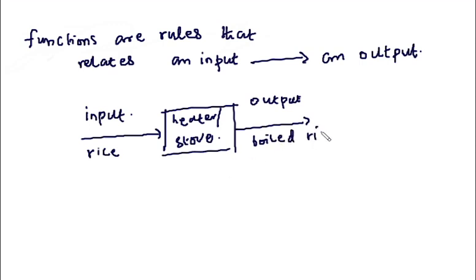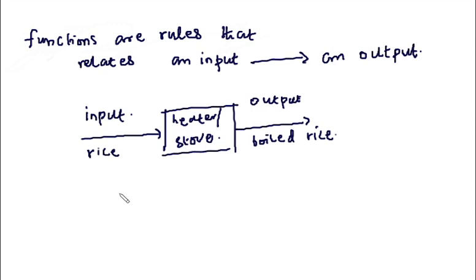Boiled rice or cooked rice. So the idea is that anything you pass through this function will change to give you a specified output. Okay, so anytime you put rice into the machine, it will give you boiled rice. If you put beans, it will give you boiled beans. Okay, so one input for one output.